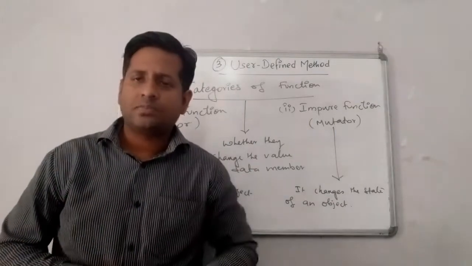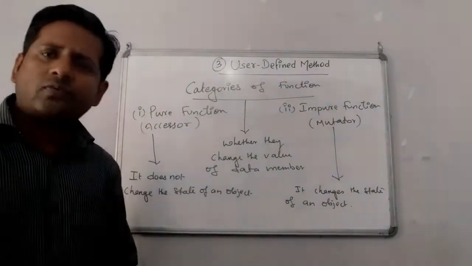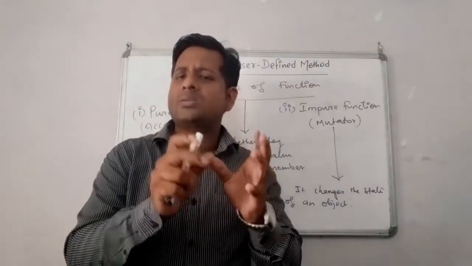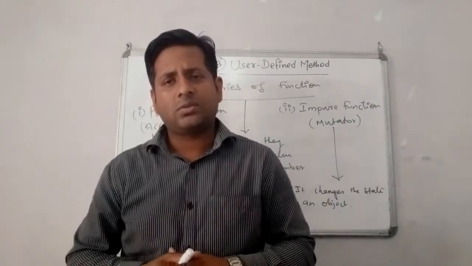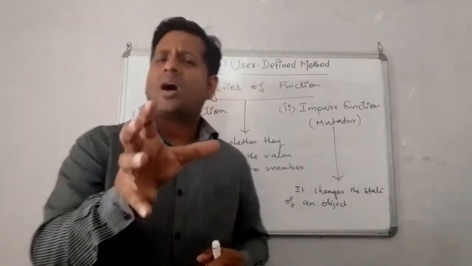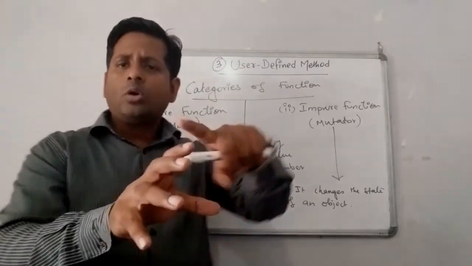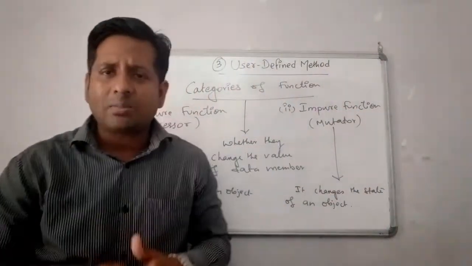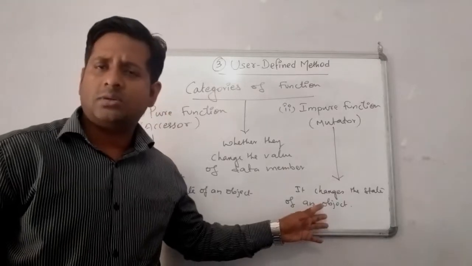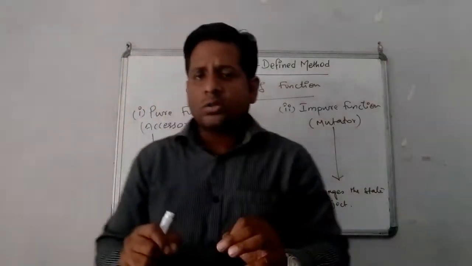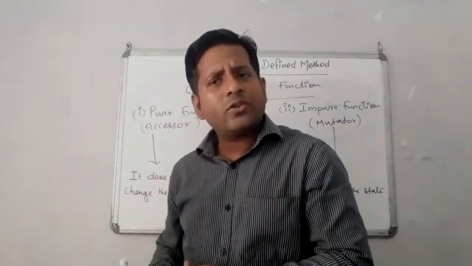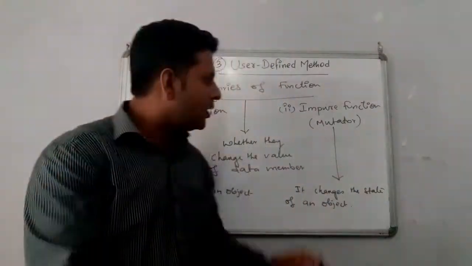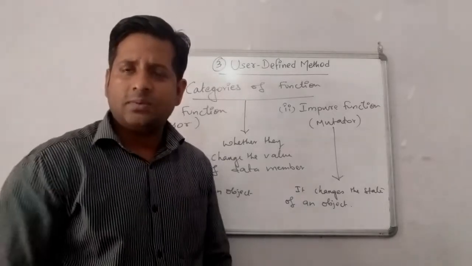It can be changed. So when we call the function, whatever we pass, that particular thing will be changed. Suppose the argument we are sending is 2, but automatically it converts into 3 or something like that. That means it is changing the state of an object. So in short, a pure function does not change the state of an object, whereas an impure function changes the state of an object.